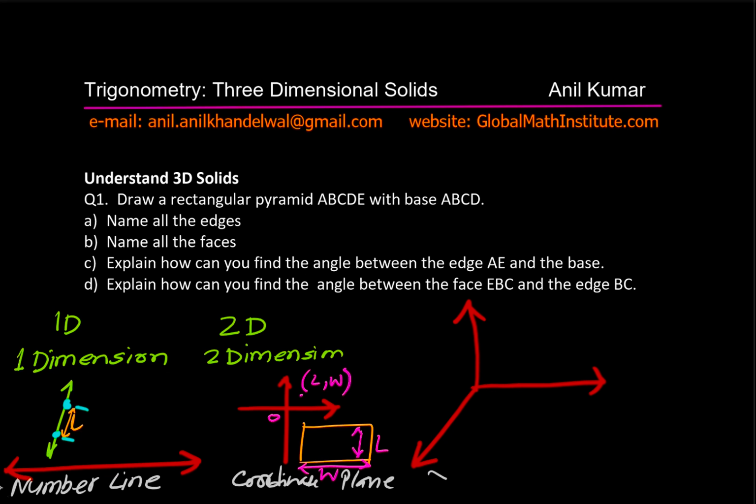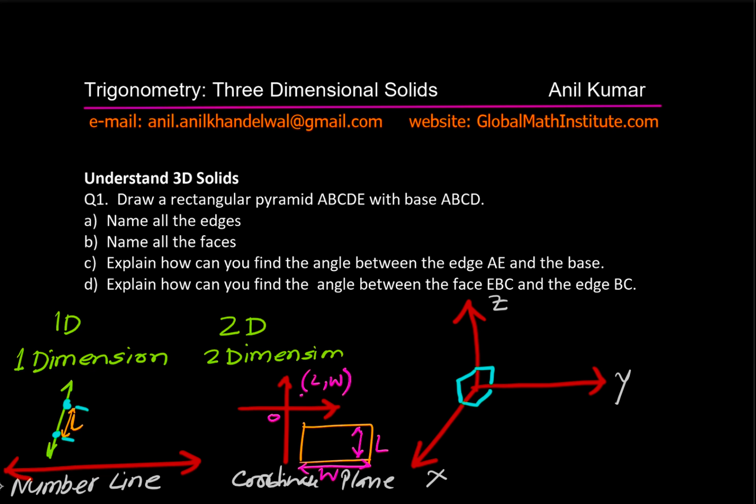So these are x, y, and z axis. Each axis is orthogonal. That means perpendicular, right? So these are all perpendicular to one another, which we'll be showing in the form of right angles, which I've shown here.